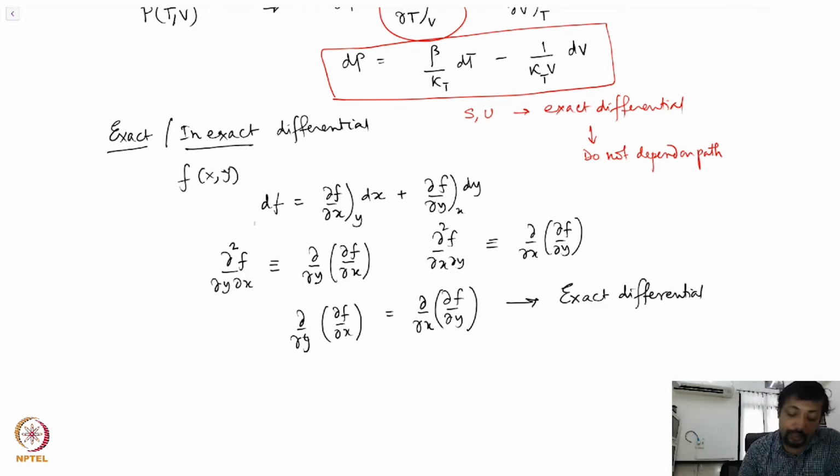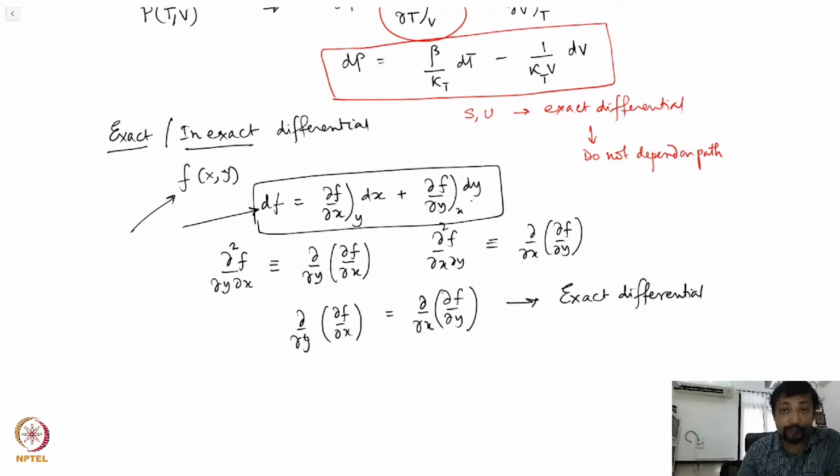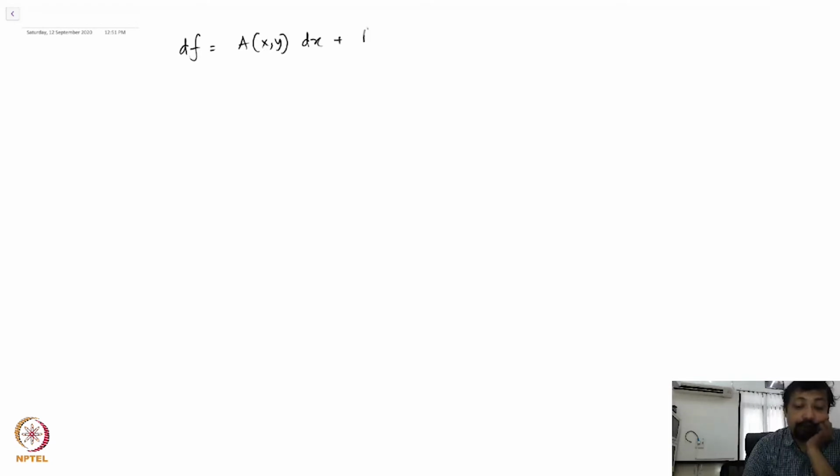So if you can write down df in this particular form, then you know that it's an exact differential. Now I have changed the notation: a(x,y) dx plus b(x,y) dy. What does this mean?